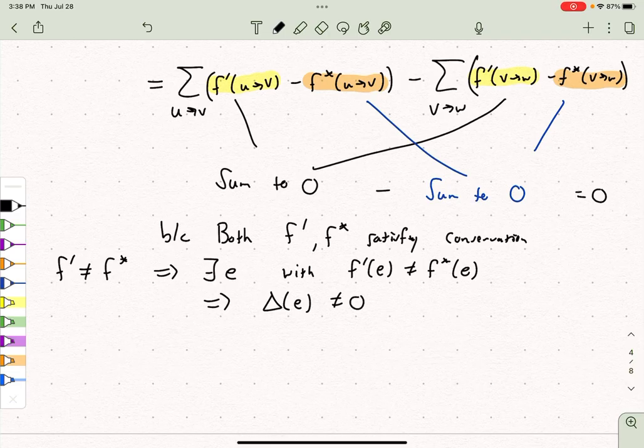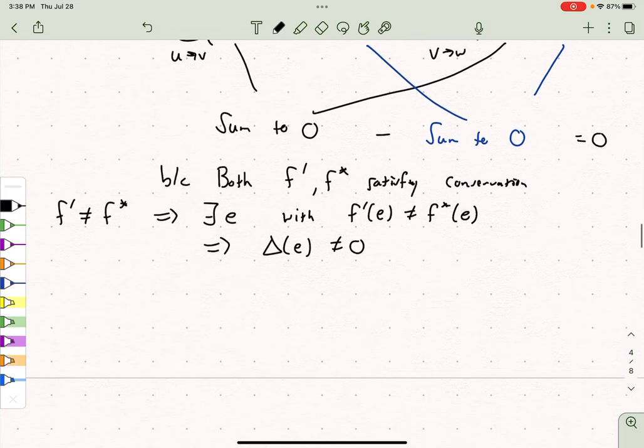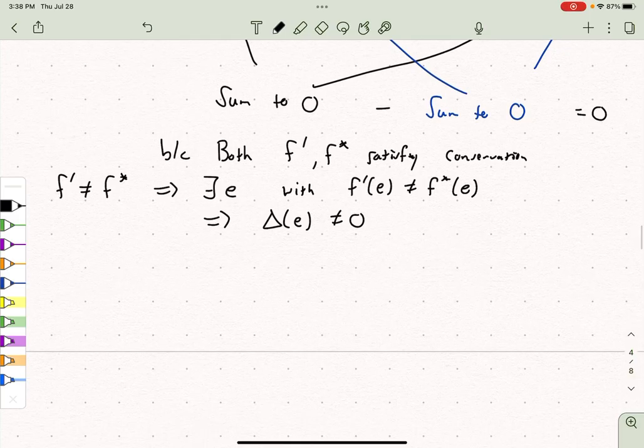The only way for delta of E to be 0 would be if the flows of both are matching on edge E. So we have some edge E with non-zero pseudoflow. So let's say it's U to V, and this has some delta that's not 0. In particular, let's first assume it's greater than 0 to illustrate the idea.